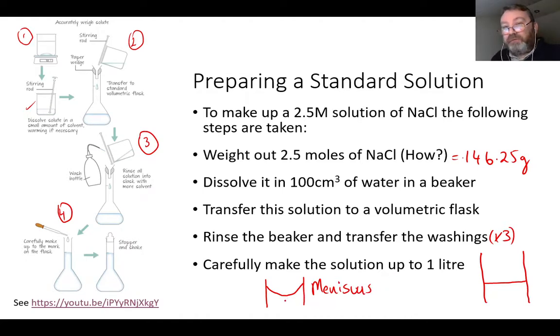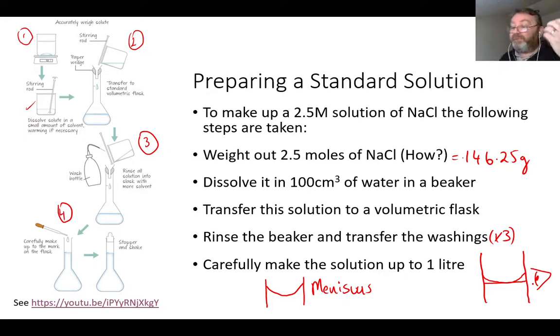And in order for me to make sure that the meniscus of the water is in the perfect place, here's what we say. We keep adding in water drop by drop until the meniscus sits on the mark. So when you look at that at eye level, the meniscus has to sit bang on that mark that is etched on the side of the volumetric flask.